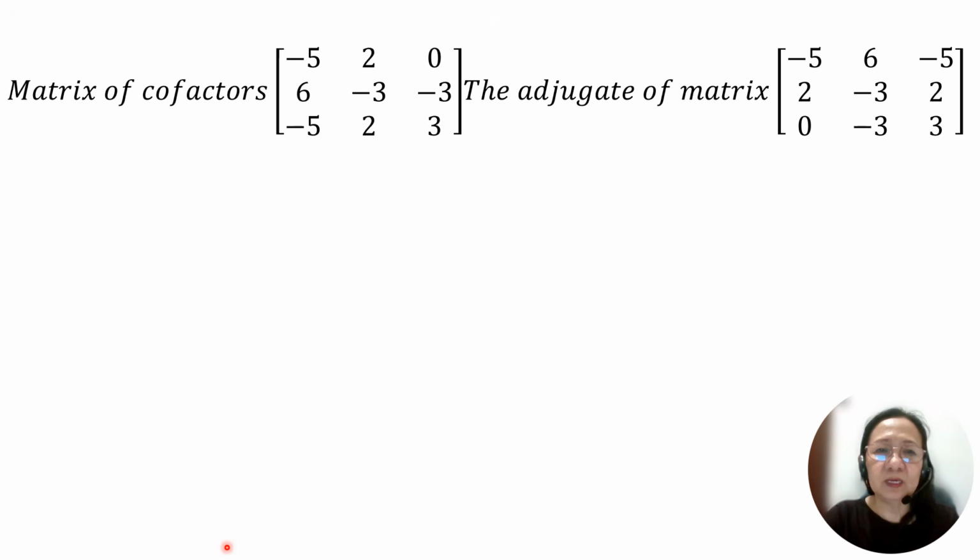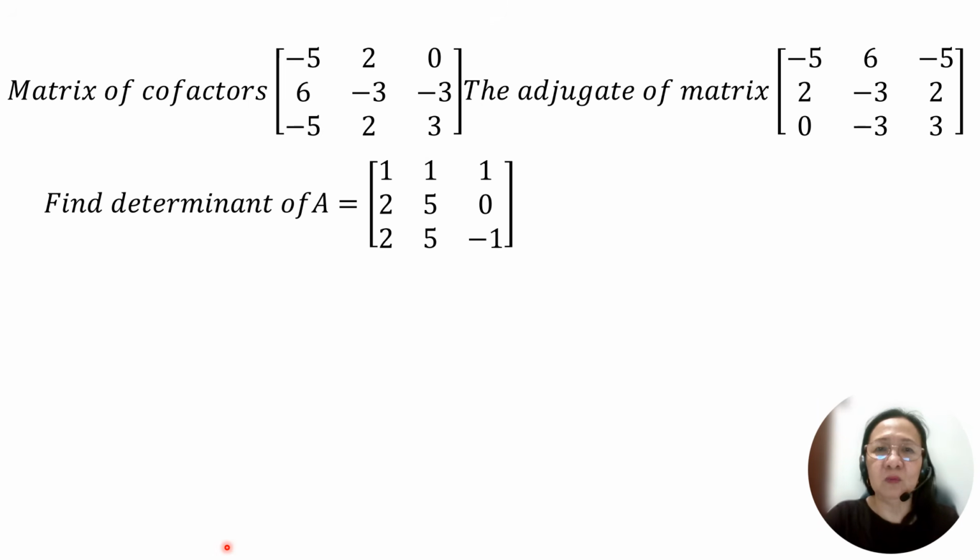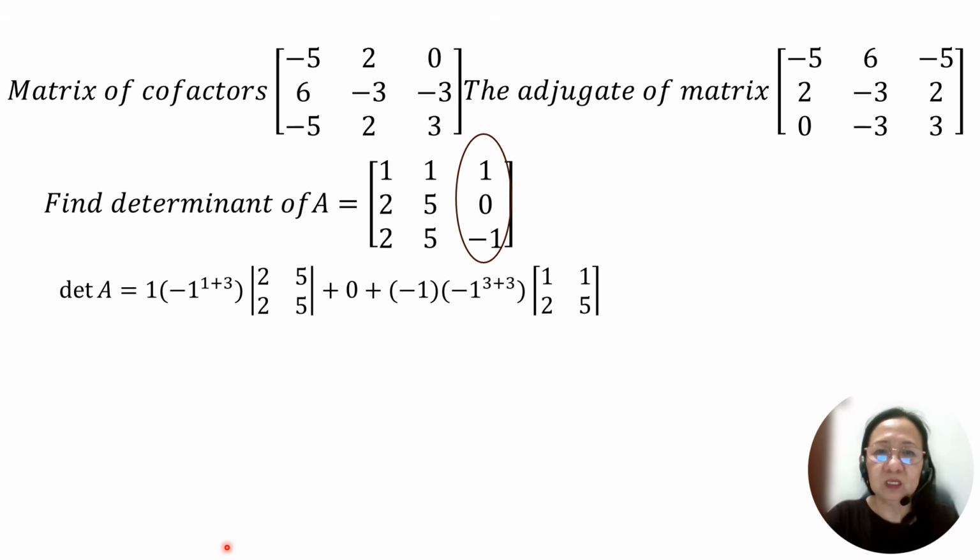Then we have to find the determinant of our matrix A. At this point, let us use the third column where 0 is located. The first number that we have is 1. Let us copy 1, multiplied to the sign, negative 1 raised to the position of 1, which is located in the first row, third column. So 1 plus 3. Then slash the row and column where 1 is located.